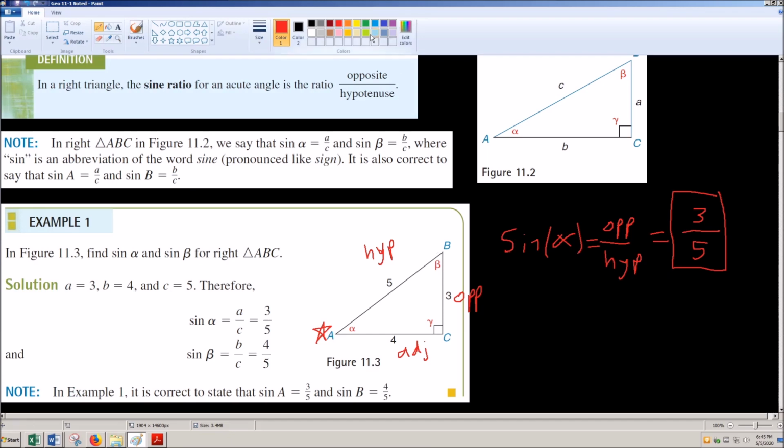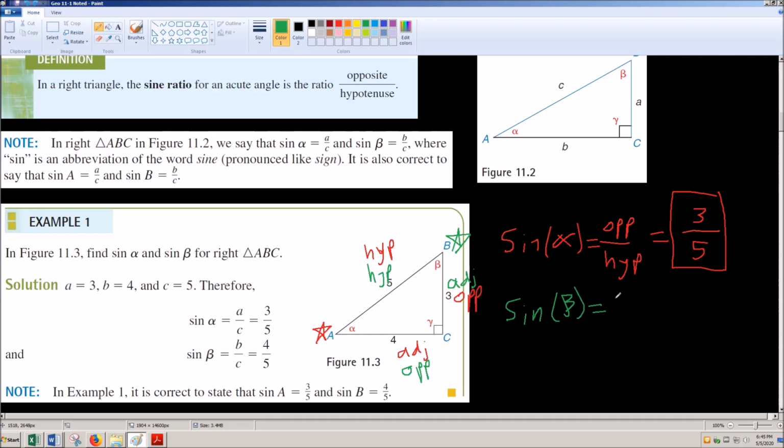For beta now, I'm going to switch it up. Mall star map goes here. Now this is my adjacent side. And now this is my opposite side. This is still my hypotenuse. So looking from this perspective, now I want to do 4 over 5. So sine of beta is going to be, oops, I'll do the adjacent.